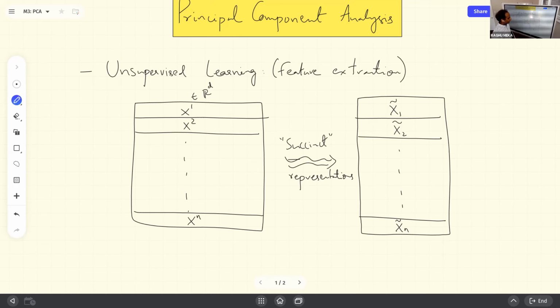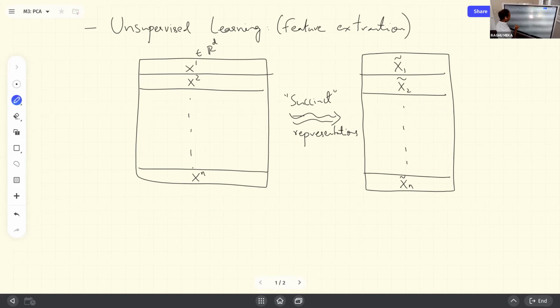And we'll see one of the most often used ways for doing this. There is an algorithm, which we'll see, called principal component analysis, to which you can give some representation like this and a number k, and it gives me back an n by k matrix.